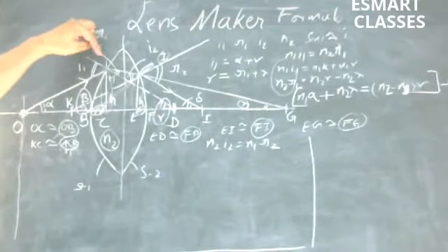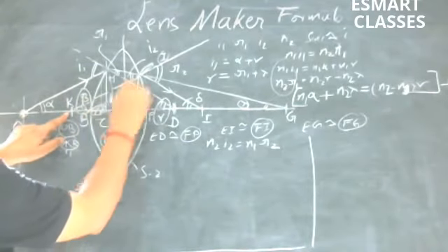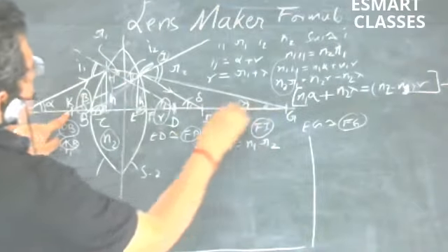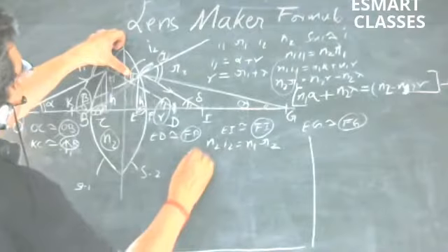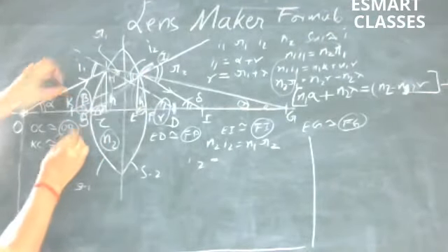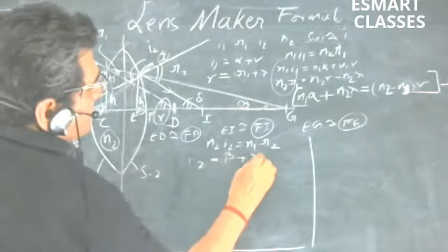So what we will do, take this triangle, this one. In this triangle I2 is the exterior angle, equal to beta plus lambda.